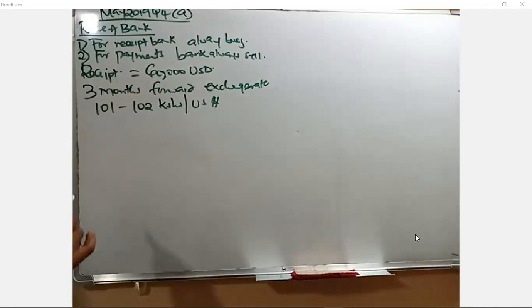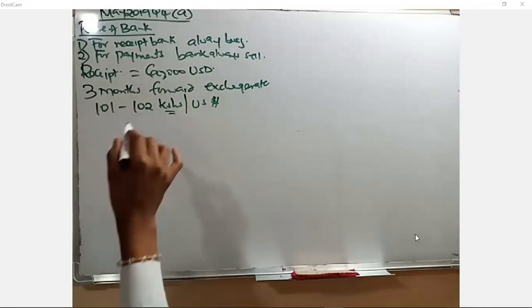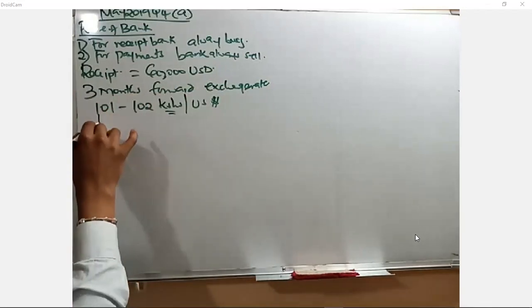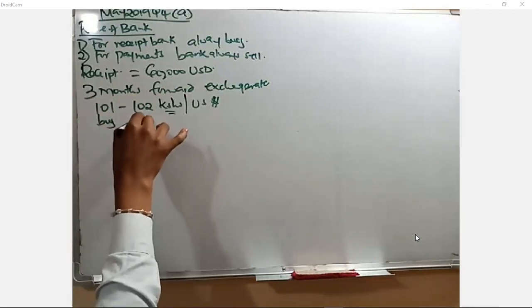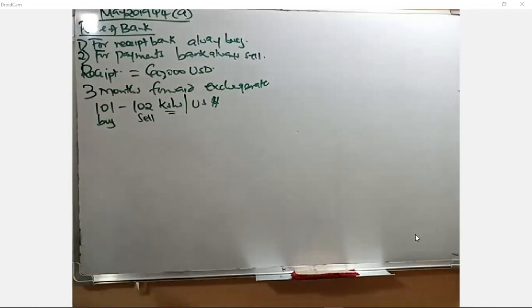So we ask, where is our own currency? We were told it is Kenya. So, where the home currency is, this side becomes buy and this side becomes sell. You can see we are discussing Kenya shillings.